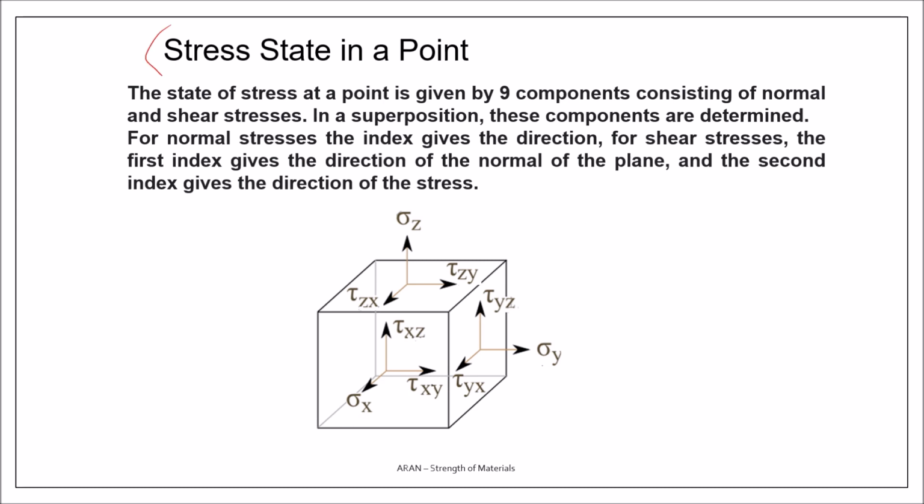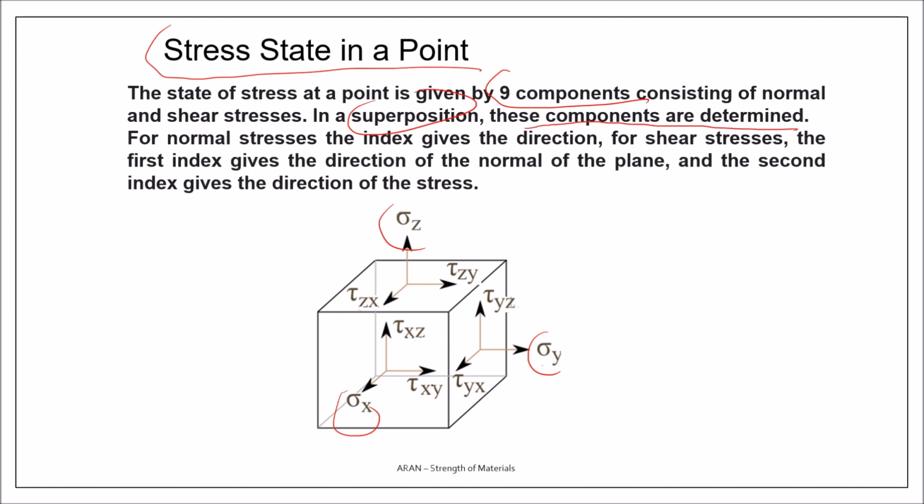For a point, we have seen that the stress state is given by 9 components. 3 of them are normal stresses and 6 of them are shear stresses. During the superposition, we determine these components.